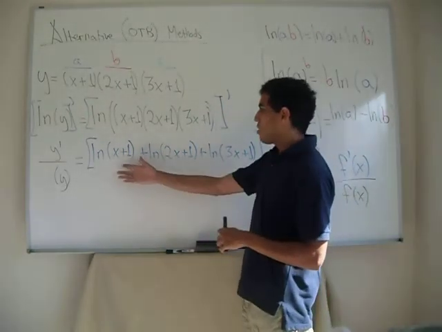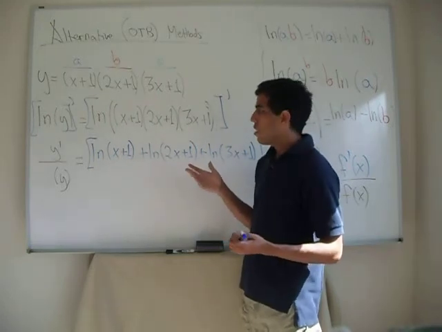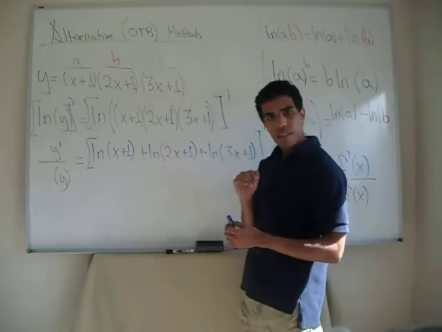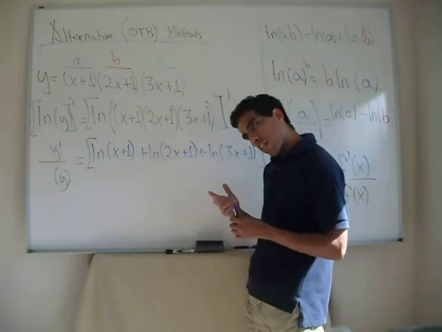So, how does this work out? All I have to do is do 1 over this, 1 over this, 1 over this, times the internal derivative.